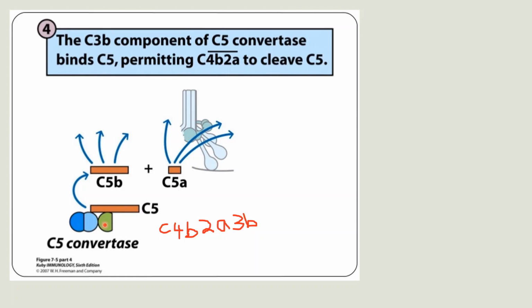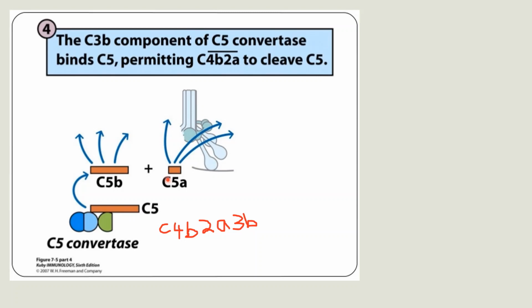This C3b component will bind with C5, and that will alter the conformation. So the C4b2a component can cleave C5 into C5b and C5a. C5a will diffuse away, and C5b can attach to the next complement protein, that is C6.